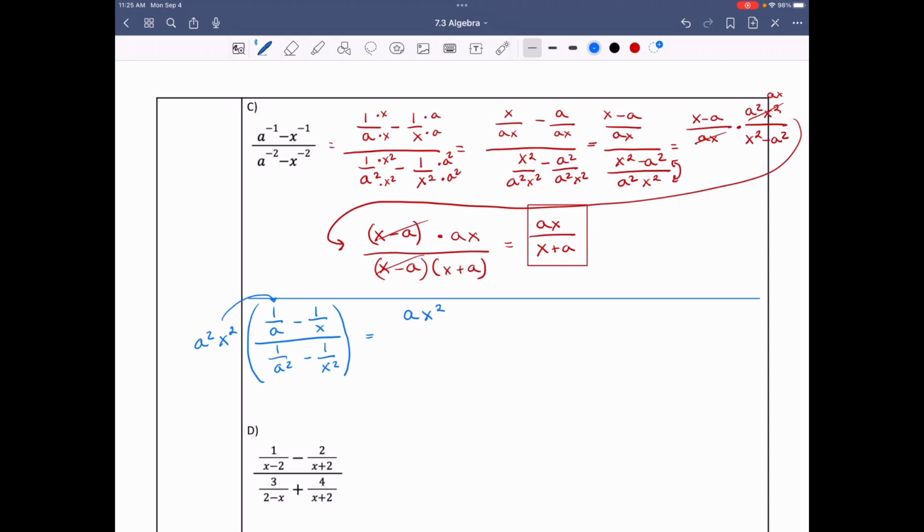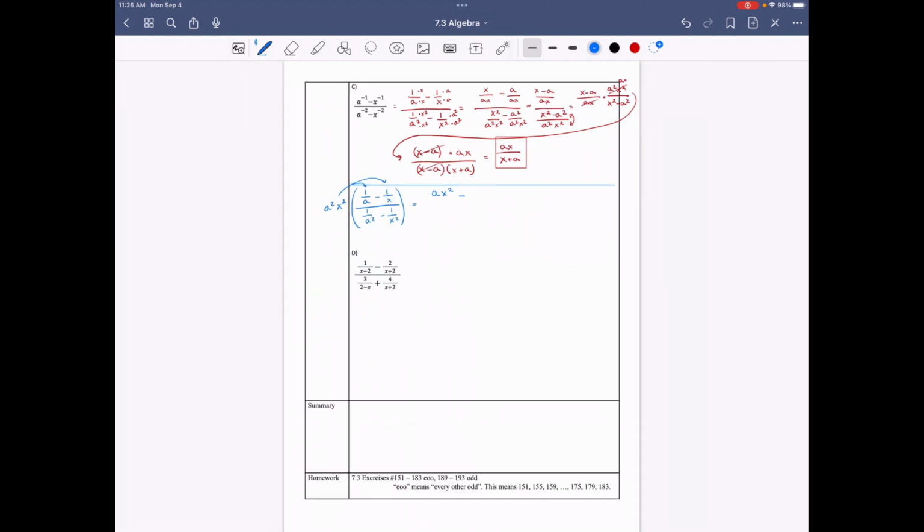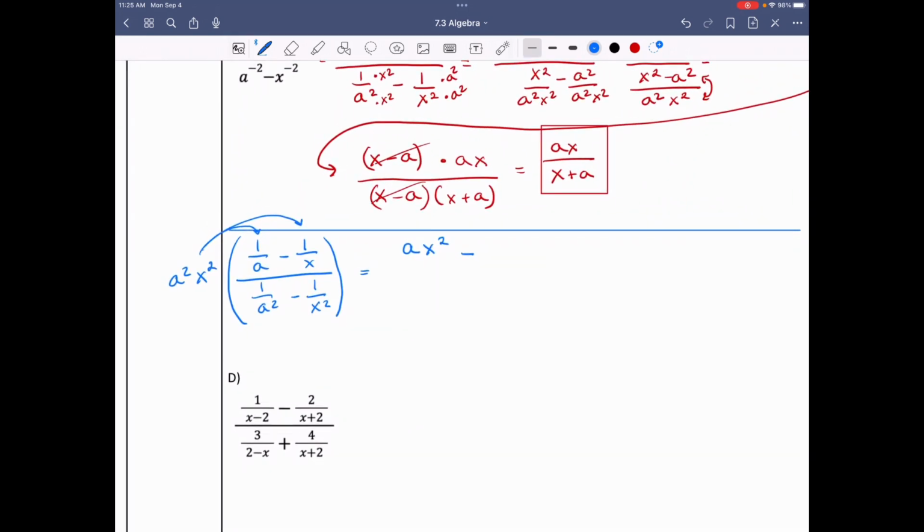So the a in the denominator canceled, minus, if I multiply this one, the x in the denominator cancels, leaving us with just an a squared x in the numerator. Over, in the denominator, the a squareds cancel, leaving us with just x squared. And then this one, minus, the x squareds cancel, leaving us with just a squared.